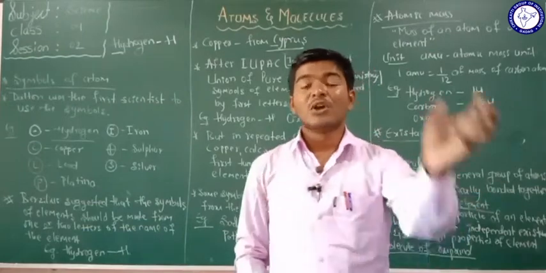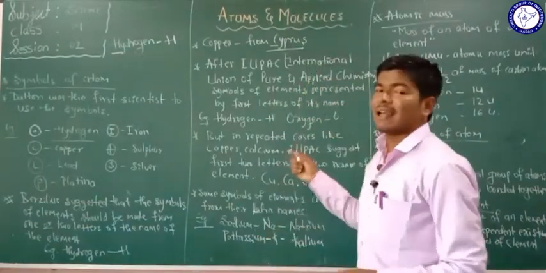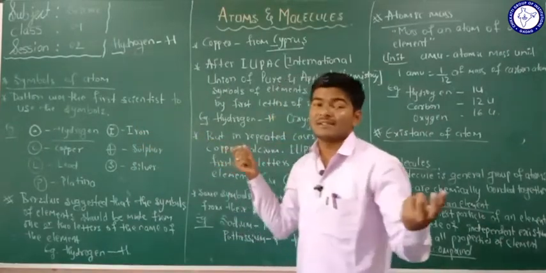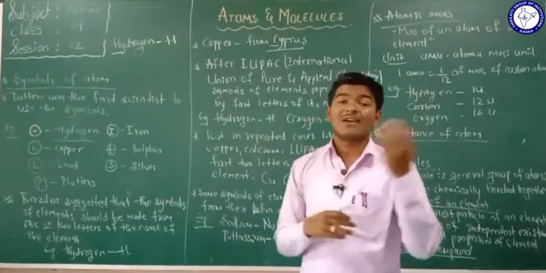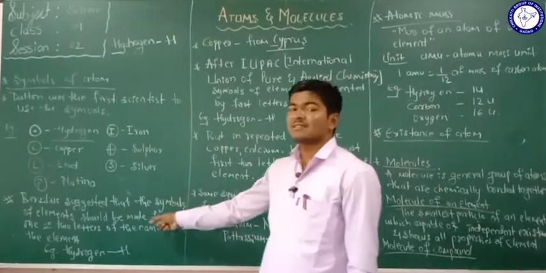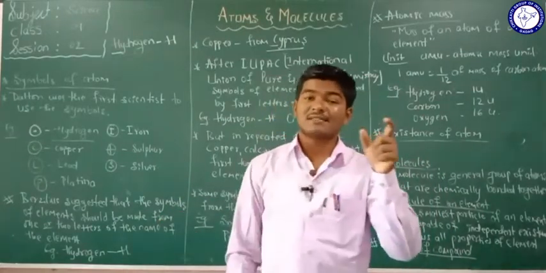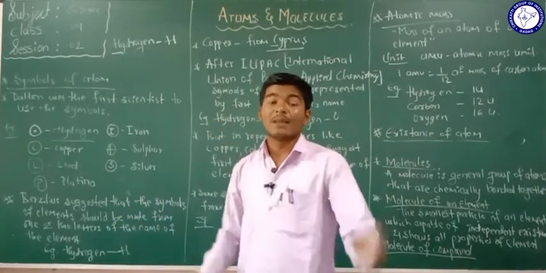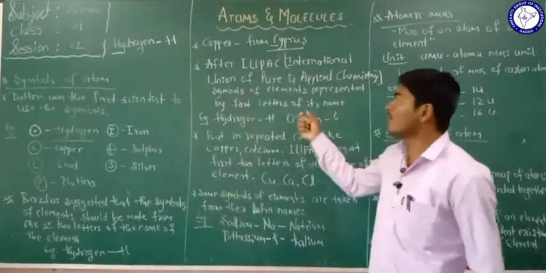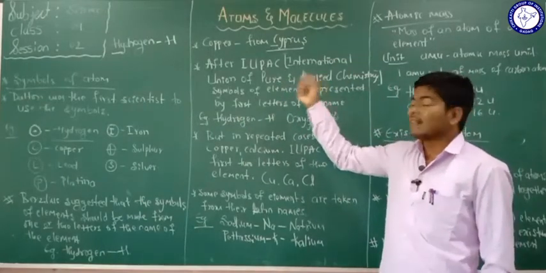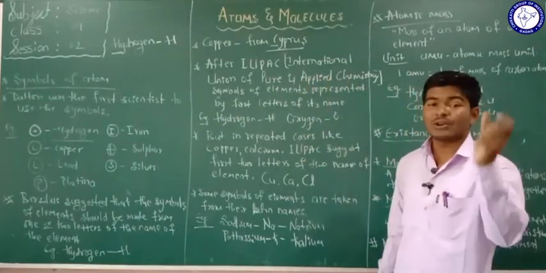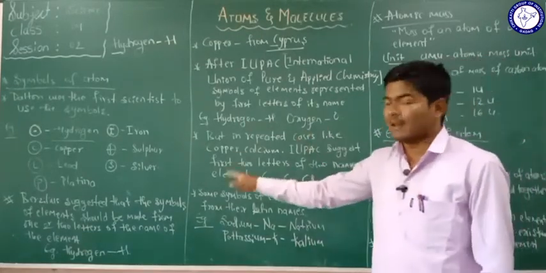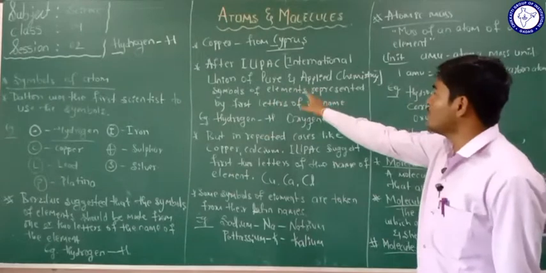Like that, to differentiate the elements, first Dalton started to symbolize the elements based on symbols. Afterwards, the studies continued. Berzelius suggested symbolizing the elements using the first letter of their names. IUPAC, the international body which studies chemistry, also suggests that to represent an element, we should take the first letter of the name of the element.